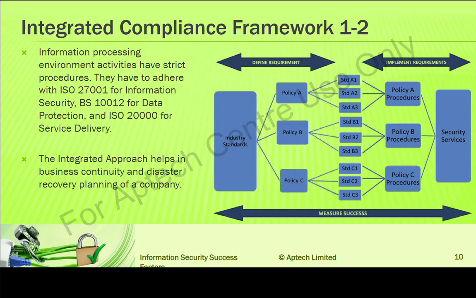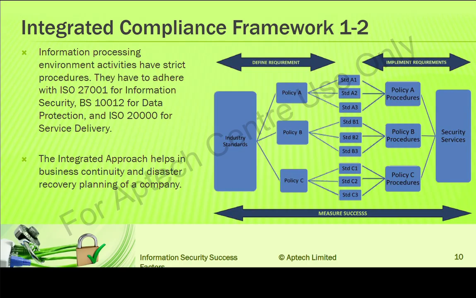All these policies are there. We just have to pick them and start using them. And then we have the integrated approach in business continuity and disaster recovery planning for a company. Now let's look at this map and discuss it.